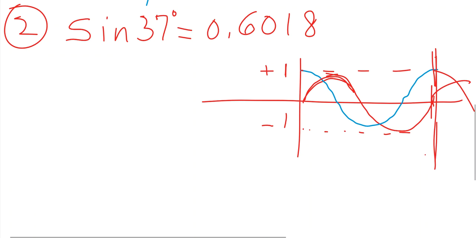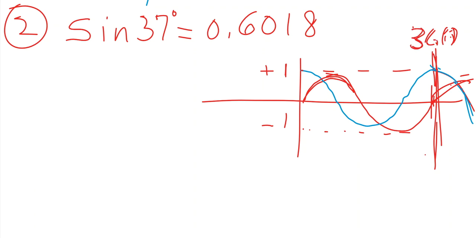So the blue one, I shouldn't have done that in red. The blue one starts down and the red one starts back up again. So things start repeating here at 360 degrees. This is 360. Okay. Whoa, I am having a hard time with this screen.